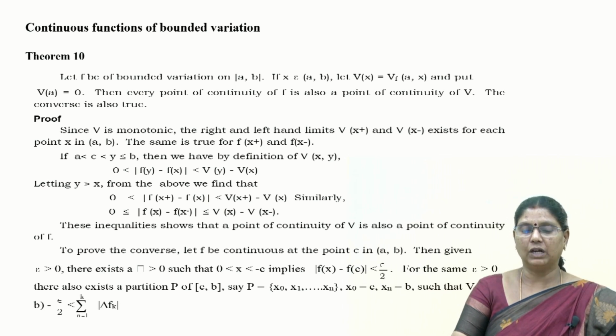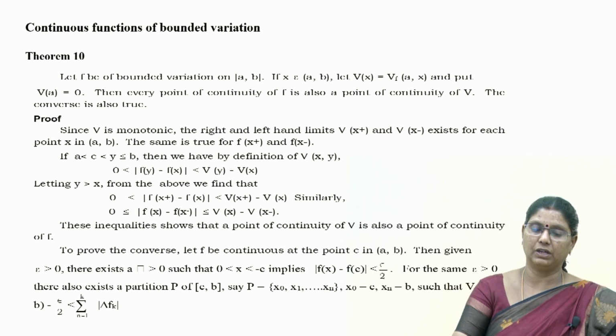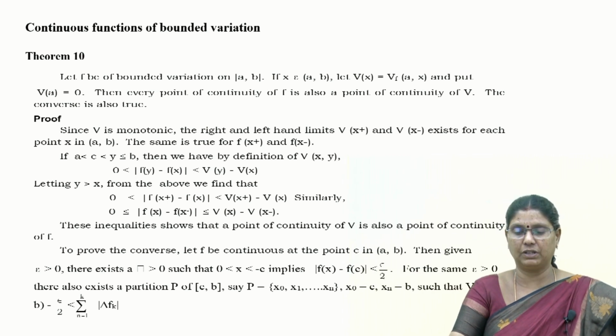Now, to prove the converse, that a point of continuity of f is also a point of continuity of v, let f be continuous at the point c in the open interval (a, b). Then, given epsilon greater than 0, there exists a delta such that 0 less than x minus c less than delta implies modulus of f(x) minus f(c) is less than epsilon by 2.